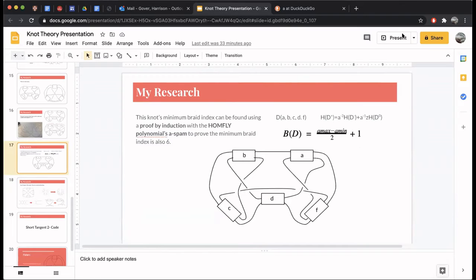What makes it curly is the fact that we can prove that the braid index is 6. Since this is a 4 spiral knot, and it has a braid index of 6, that means the braid index is higher than the spiral index, which therefore makes it curly. Thank you. Anybody else? Any questions for Harrison?